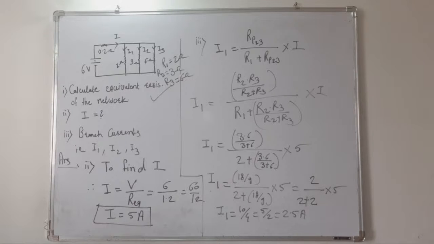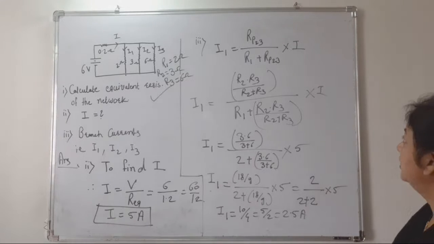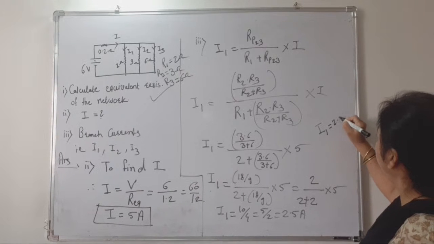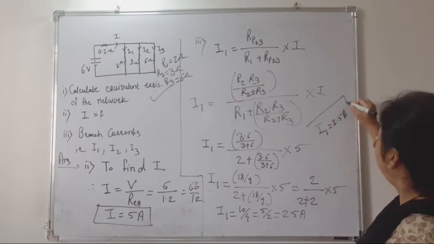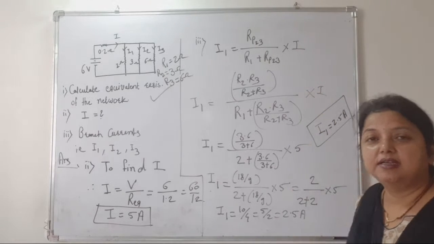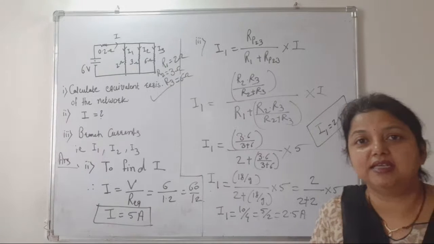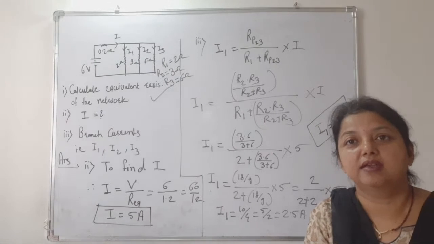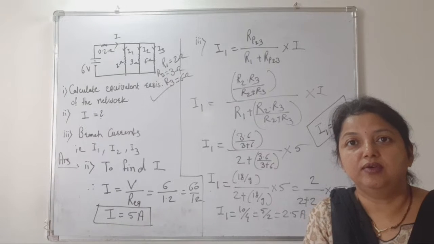Answer is 1.66 and 0.833. Now therefore, write down I1, what do you get? 2.5 ampere. Write each and every step. Write all these steps. And everyone understand this Sanskriti? Do you understand? Vipul, yes. Okay.